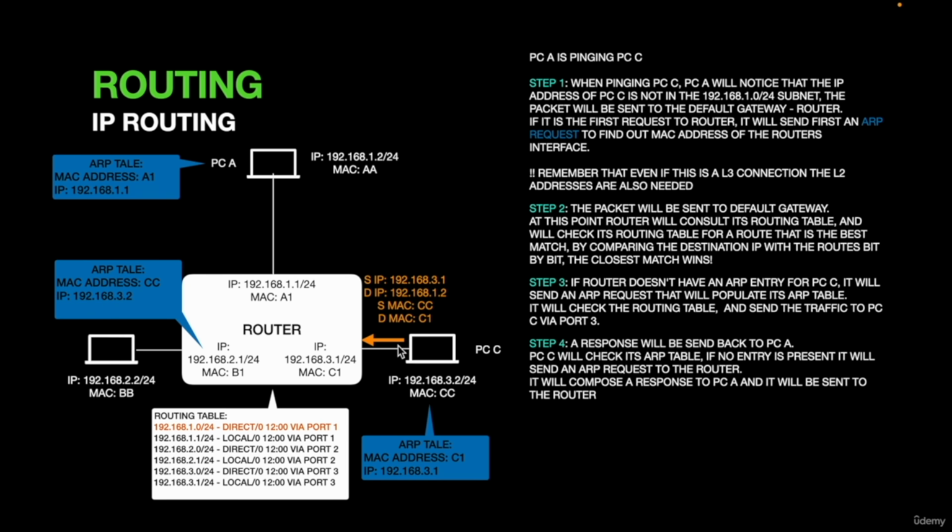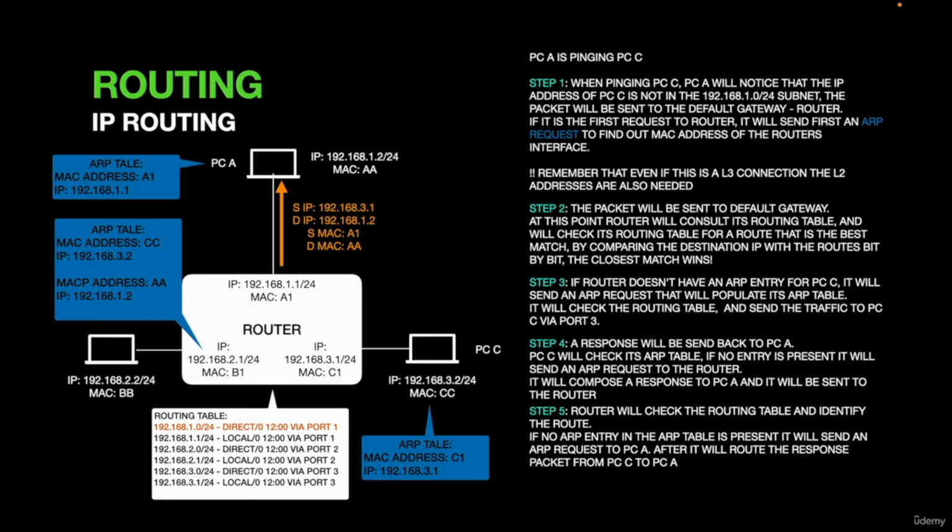PCC will receive the traffic. It will check its ARP table, and if there is no ARP entry for the default gateway, it will send an ARP request to the router. After that, it will populate its ARP table and compose a response to PCA.